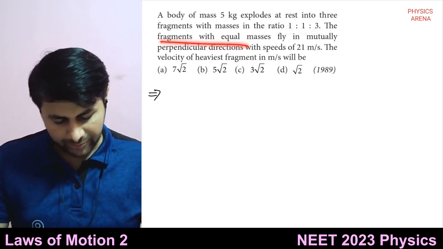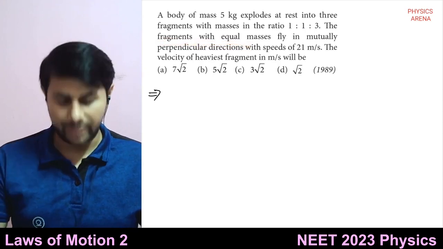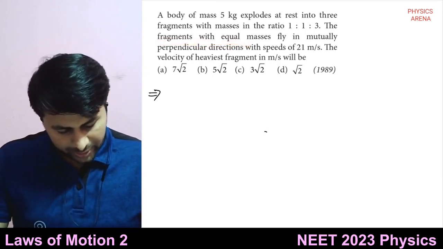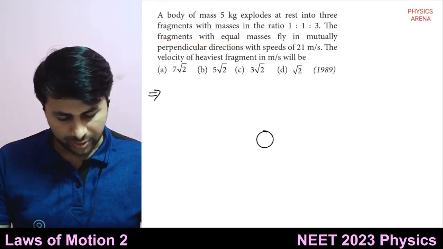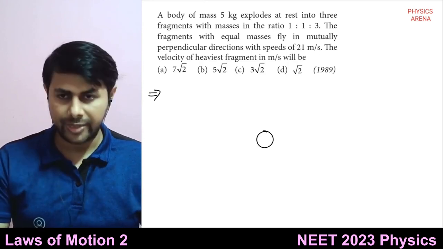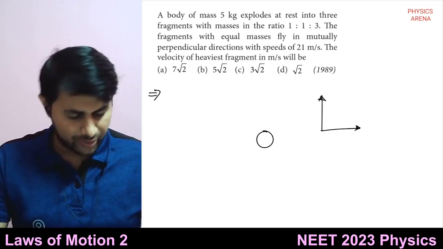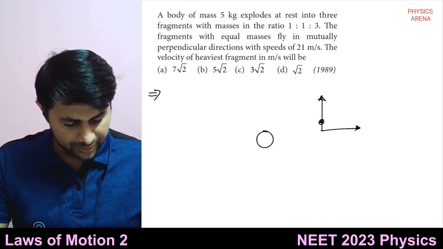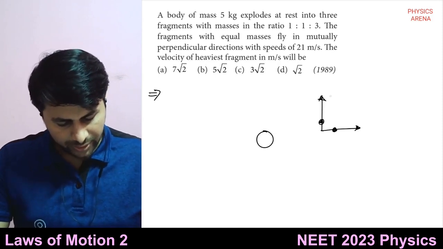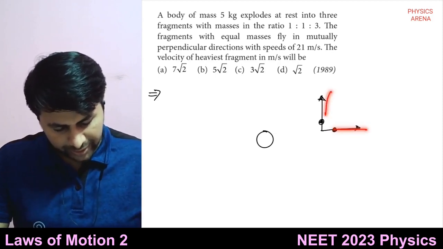The fragments with equal masses fly in mutually perpendicular directions. So let's suppose this is the body which breaks into 3 masses. The fragments with equal masses fly off in these directions, let's say. This is x, this is y.